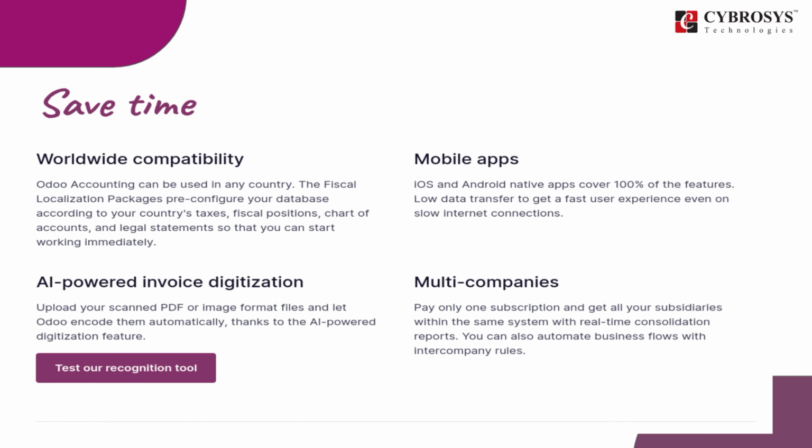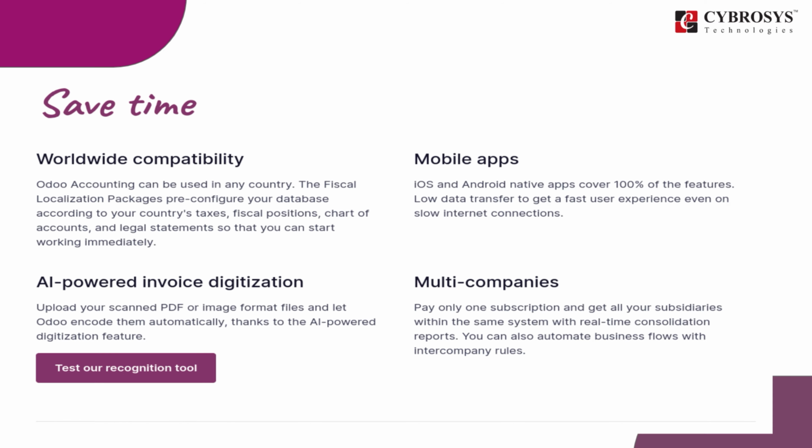Nearly 95 packages are available, which will pre-configure your database according to your country's taxes, fiscal position, chart of accounts, and legal statements, so that you can start working immediately. Also, you'll be able to import the chart of accounts, taxes, and fiscal positions upon your requirement as well.